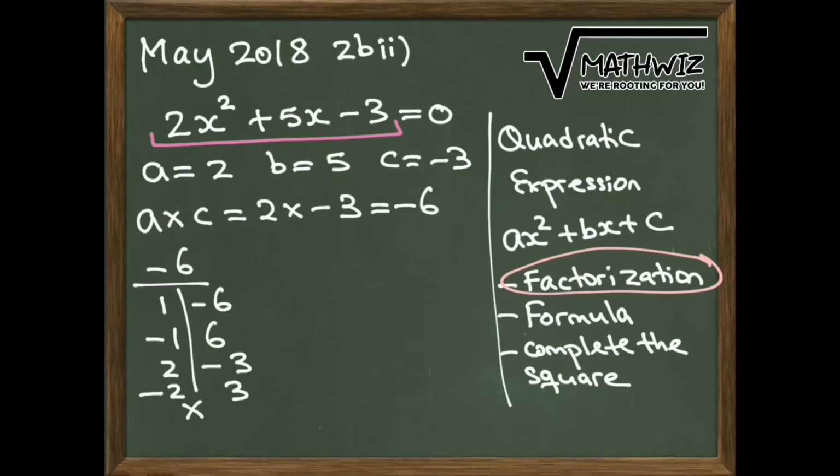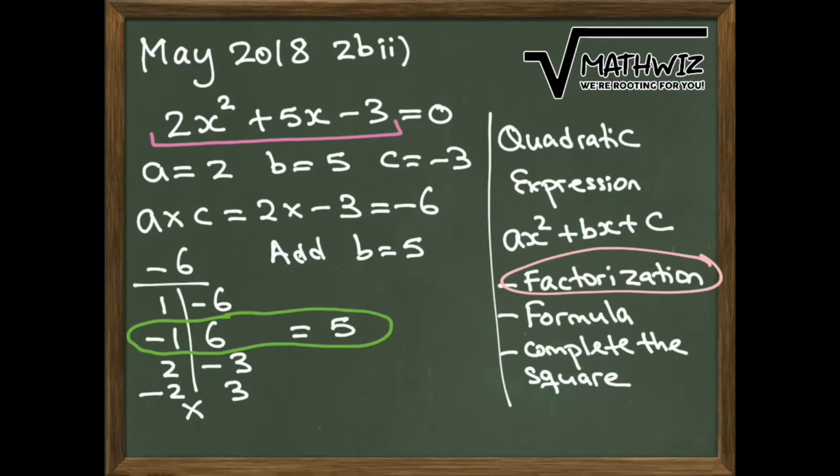And that's how I tell you to put it out. Then we're looking for the pair that when we add it together, we get B. So B is 5. So the pair that meets this criteria would be minus 1 times 6, which when I add them together, I get 5.